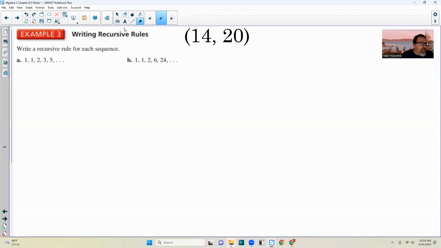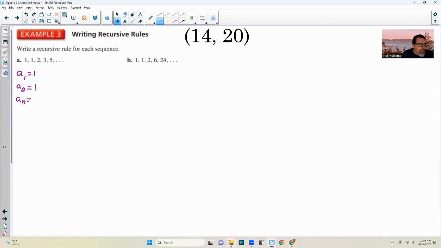So when there's no common difference or no common ratio, what you do is say, well, a sub 1 equals the first term, which is 1. A sub 2 equals 1 as well. All right, so a sub 1 equals 1 and a sub 2 equals 1. So I have to try to come up with a rule.